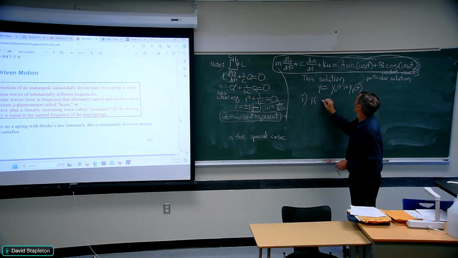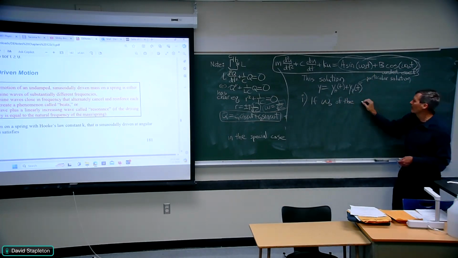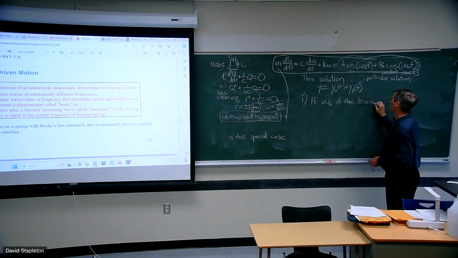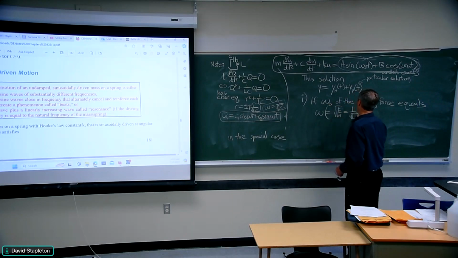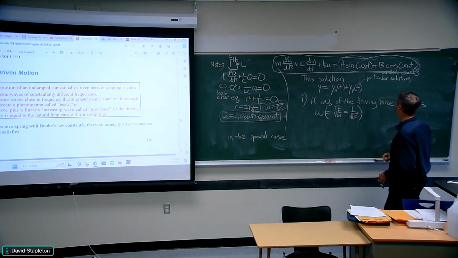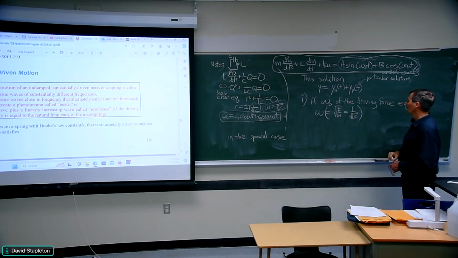So if omega naught, the angular frequency of the driving force, equals omega, the natural frequency of the system, either square root k over m or 1 over square root LC, depending on which case you're looking at, then what's going to happen?